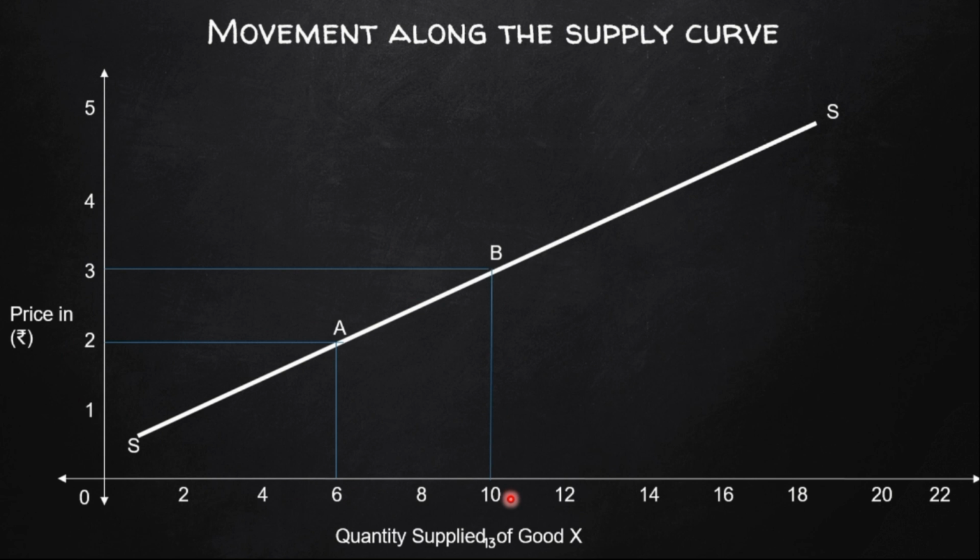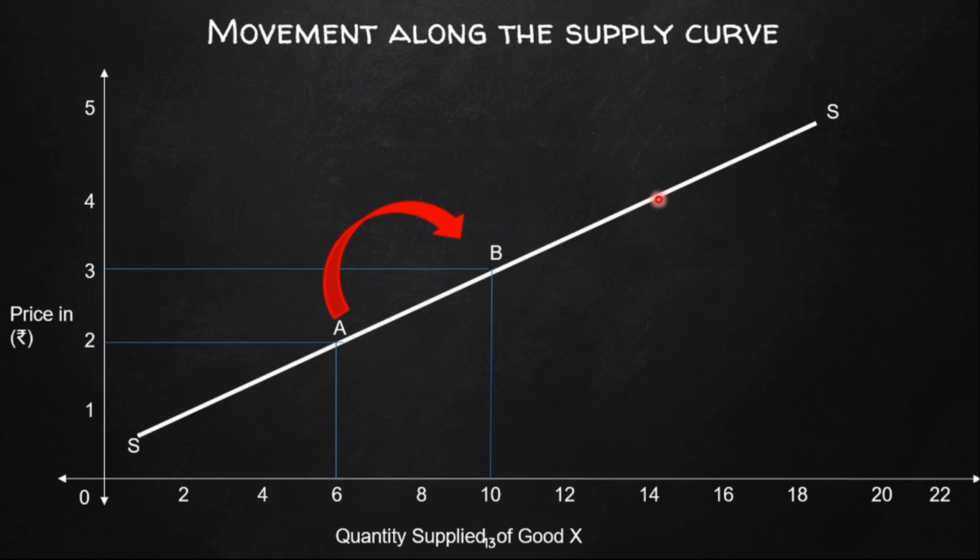So the movement from point A to B is associated with the change in the price while other determinants of supply are constant. Such movement is called movement along the curve. Remember, the movement along the curve occurs when there is a change in the price of a commodity while other determinants of supply remain constant.